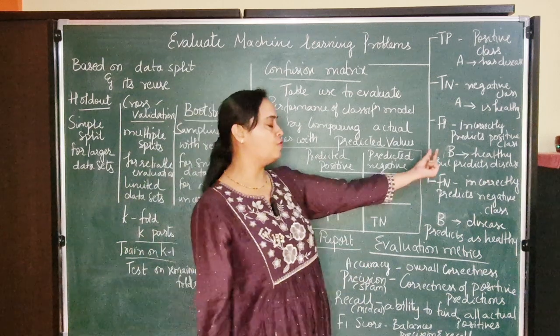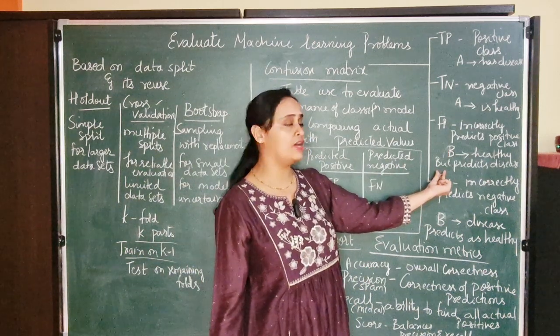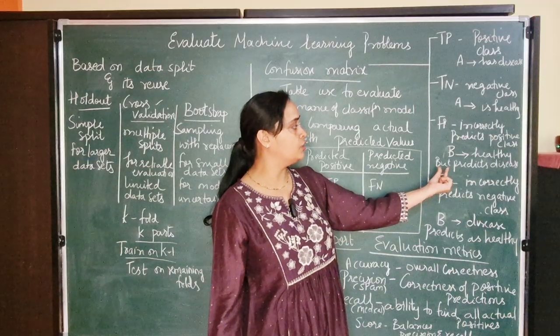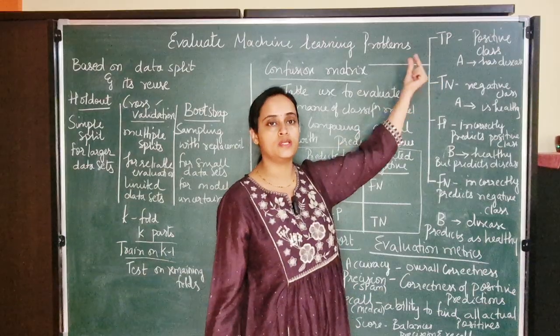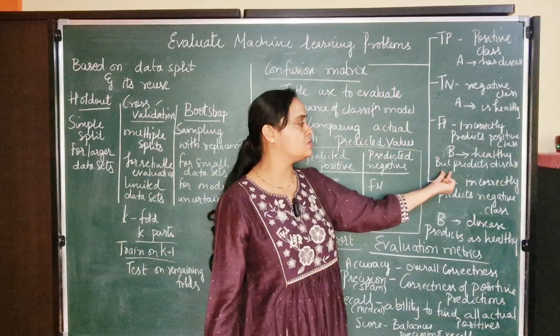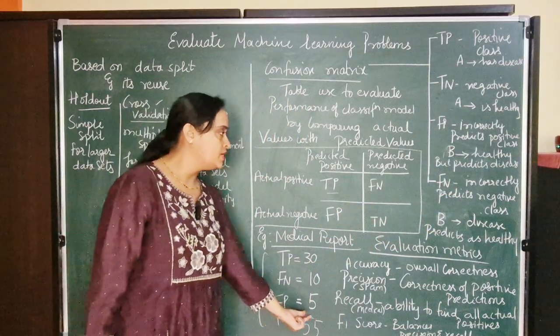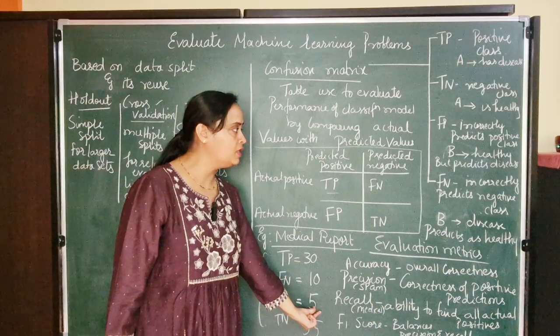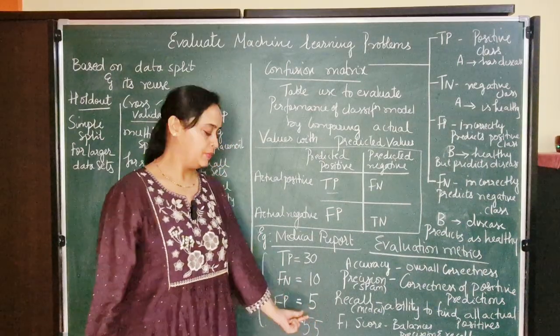So what is false positive doing? It is predicting disease even though they are healthy. That means it gives the positive class, meaning the report is positive and he is affected, even though they are healthy. That is false positive. These 5 people are predicted as diseased, but actually they are healthy.